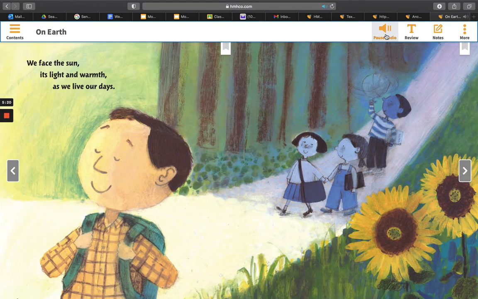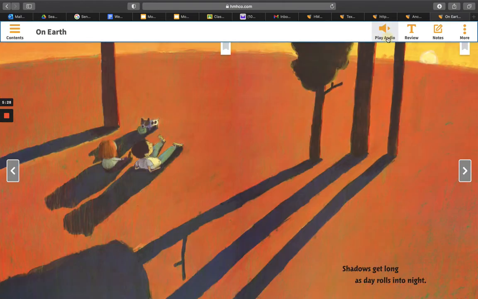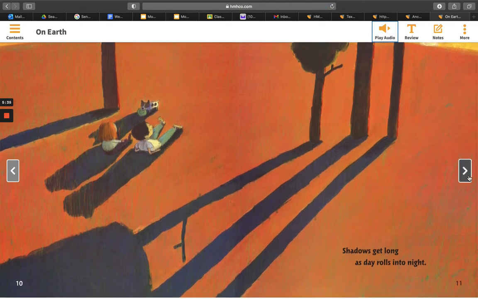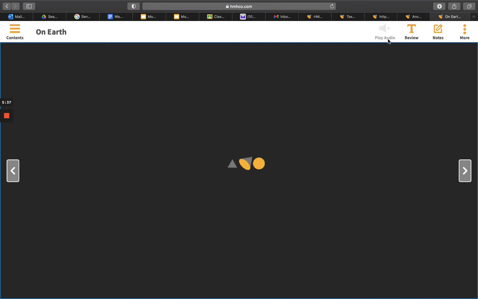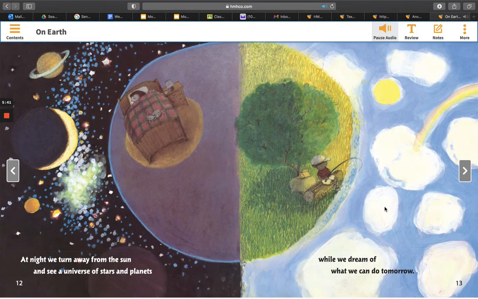We face the sun, its light and warmth, as we live our days. Shadows get long as day rolls into night. At night, we turn away from the sun and see a universe of stars and planets while we dream of what we can do tomorrow.